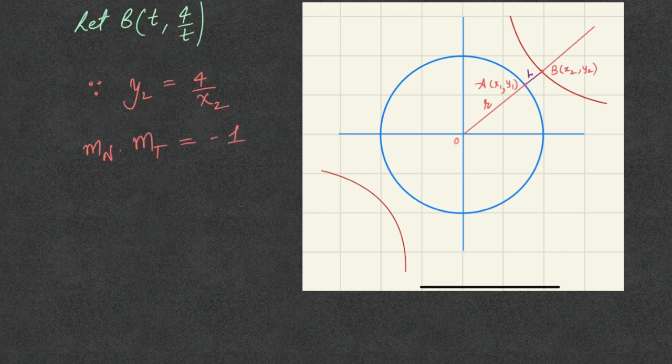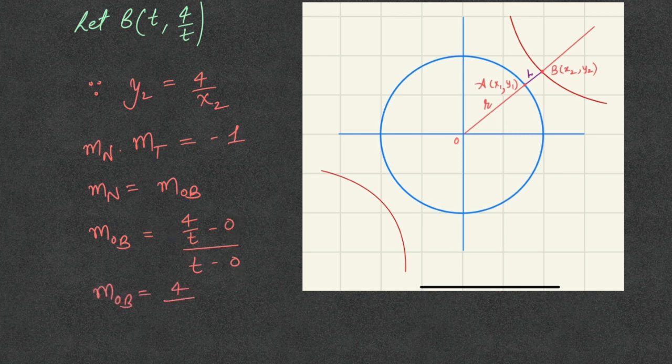This point here is O. So slope of normal is equal to slope of OB, where O is the origin. So slope of OB can be written as (4 upon t minus 0) upon (t minus 0), change in y upon change in x. MOB is equal to 4 upon t square.